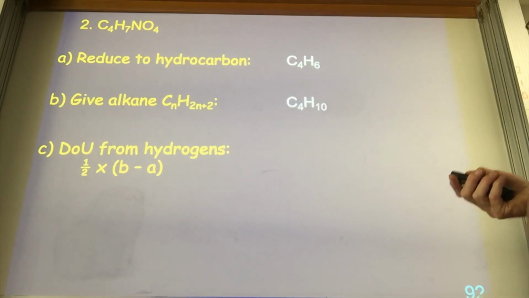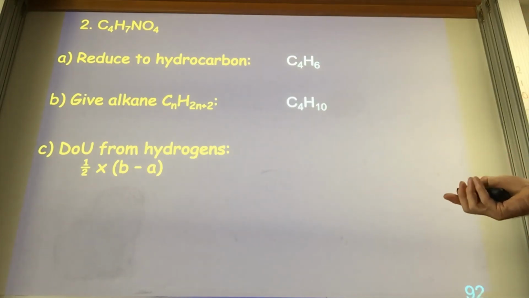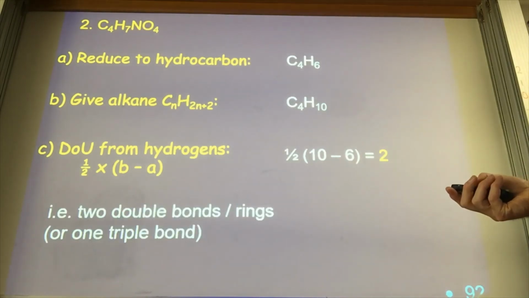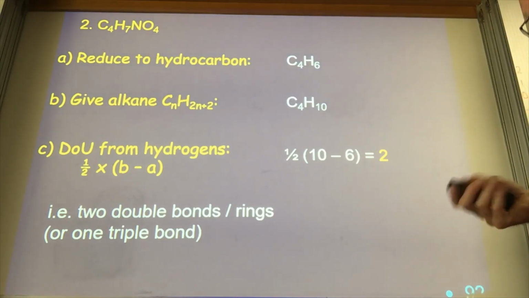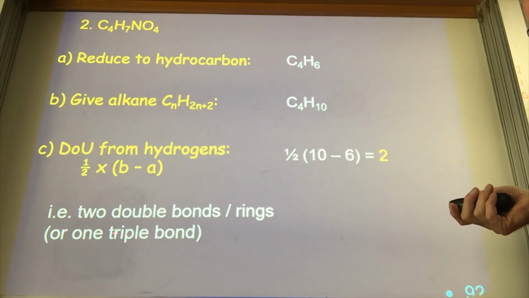Well, 10 of course. And this one's 4 hydrogens less, so that's a degree of unsaturation of 2. Every 2 hydrogens equals a degree of unsaturation of 1. So 2 double bonds, probably, perhaps a ring there somewhere, or maybe even just a triple bond. Triple bonds count as degrees of unsaturation of 2.